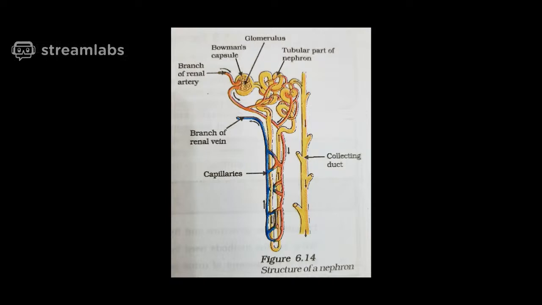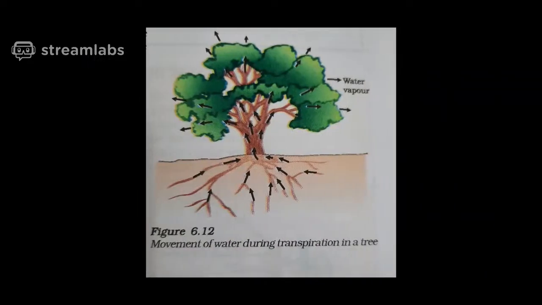And how does this take place in plants? In plants, there is no excretory system, no kidneys, no nephrons, no specialized structures. But how is the waste removed?